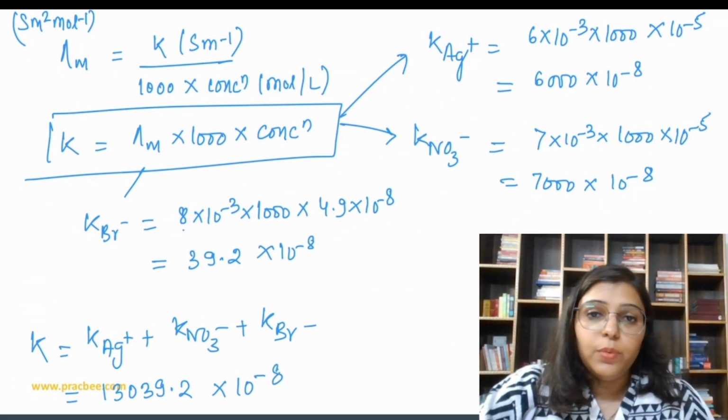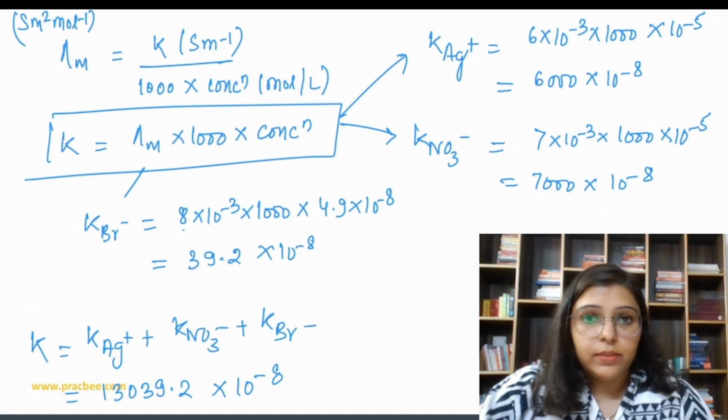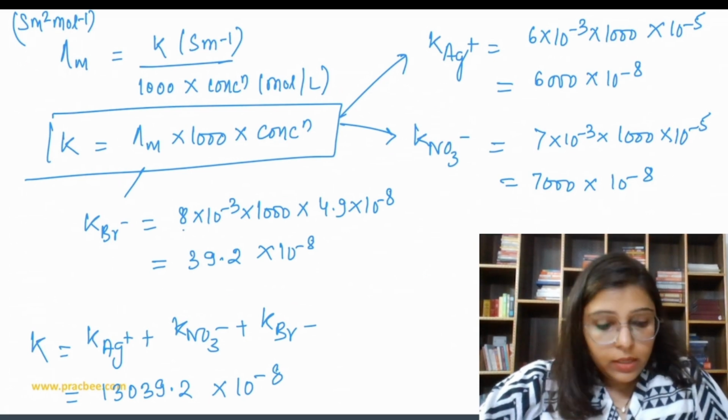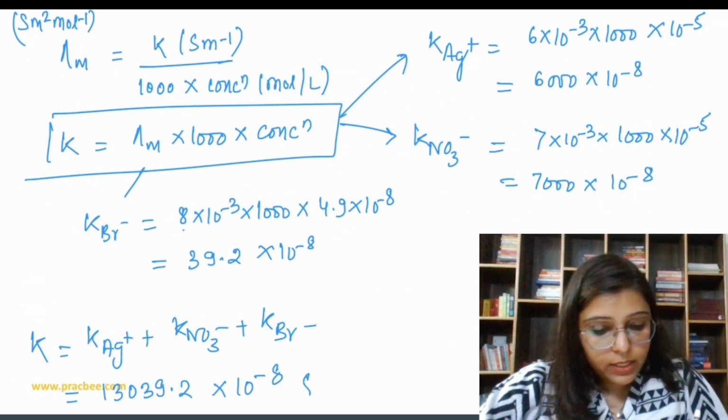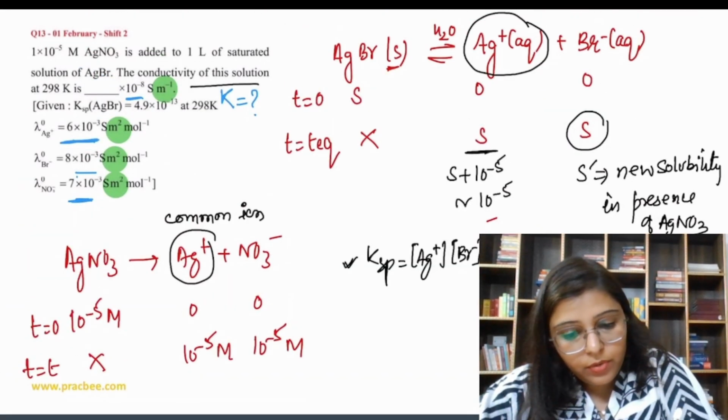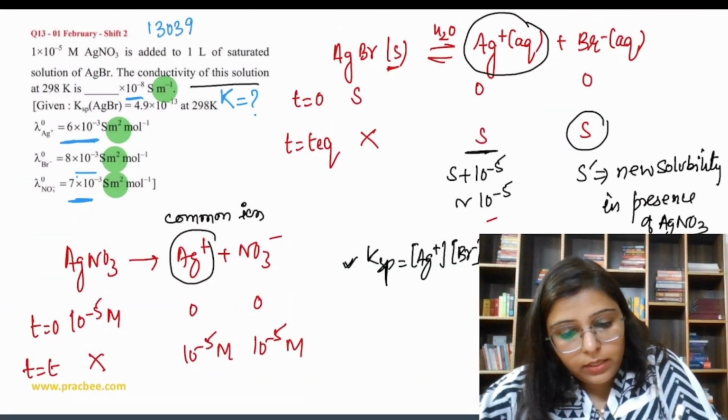Clear? So this is going to be in Siemens per meter. So we are going to report the answer in terms of 13039.